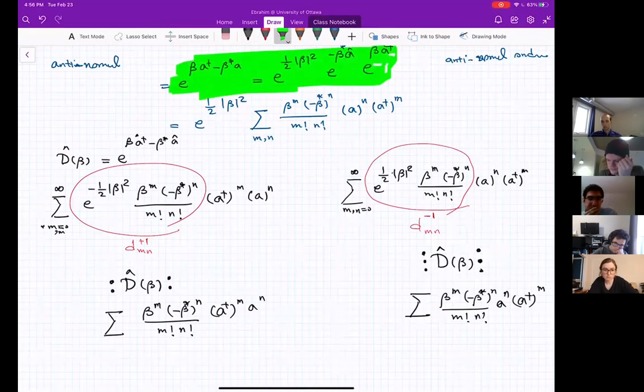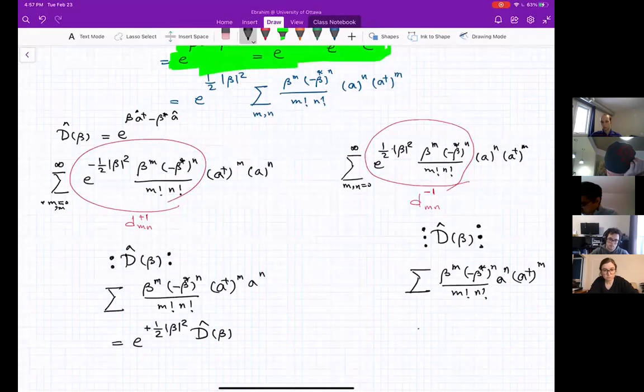Anti-normal can be linked to symmetric one easily. So this is equal to, if it is anti-normal, e to the power of... sorry, this is normal, e to the power of plus 1/2 beta squared linked to the symmetric one, D of beta.